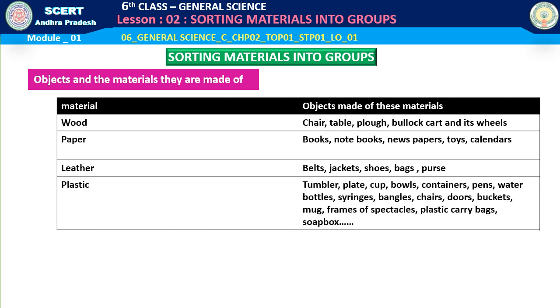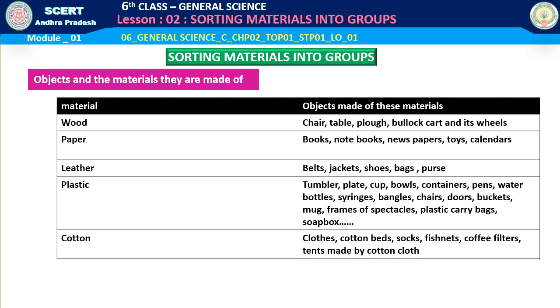By using plastic, we can prepare tumbler, plate, cup, bowls, containers, pens, water bottles, syringes, bangles, chairs, doors, buckets, mug, frames of spectacles, plastic carry bags and soap boxes. So we will prepare so many items by using plastic.